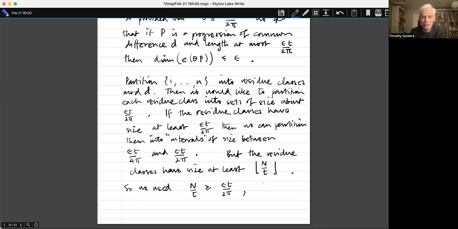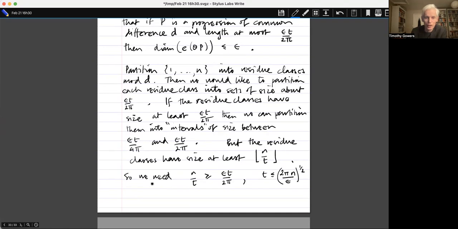So that says t is less than or equal to 2 pi n over epsilon, square rooted, and then that will give us intervals of size between epsilon t over 4 pi.